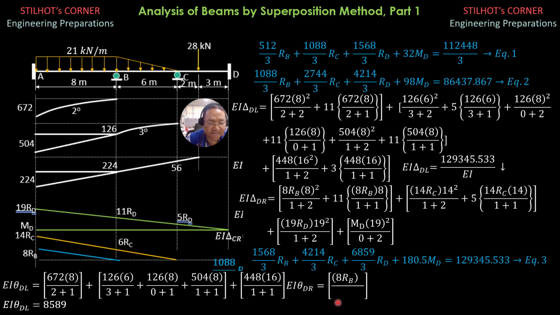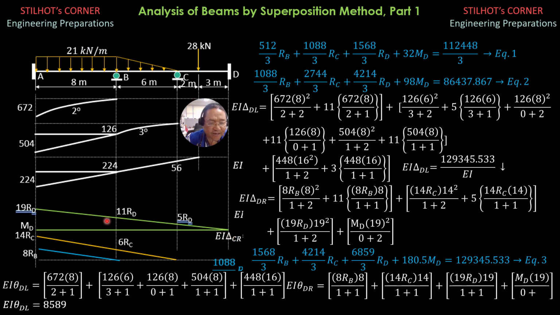Finally, due to reactions, we have EI theta B due to the reactions is 8 RD times 8 over 1 plus 1, then plus 14 RC times 14 over 1 plus 1. Then due to reaction B, 19 RD, times length 19 over 1 plus 1, and due to moment B, length 19 over 0 plus 1.